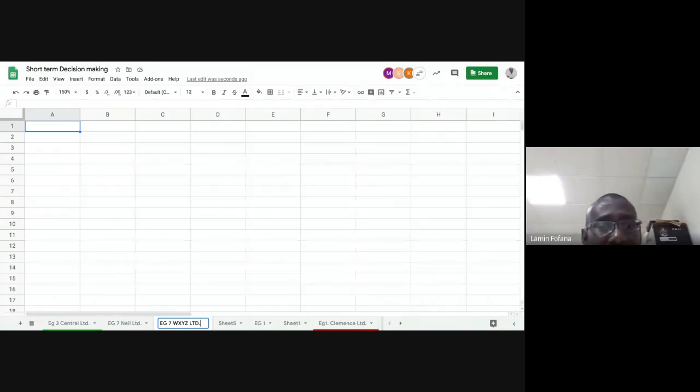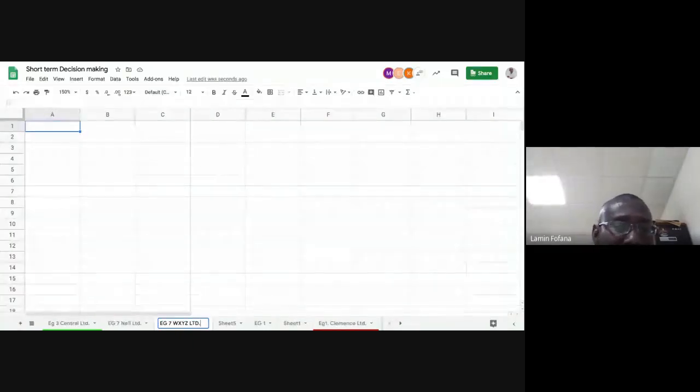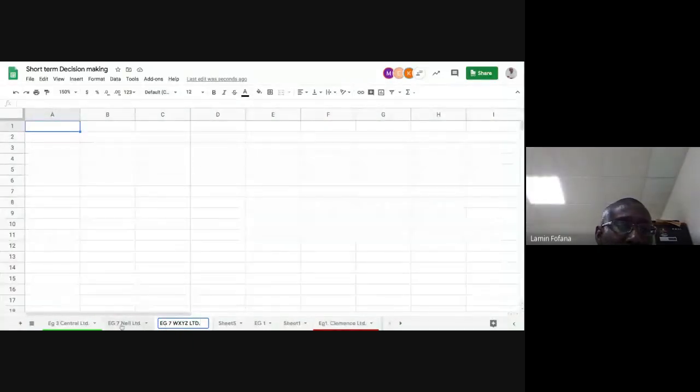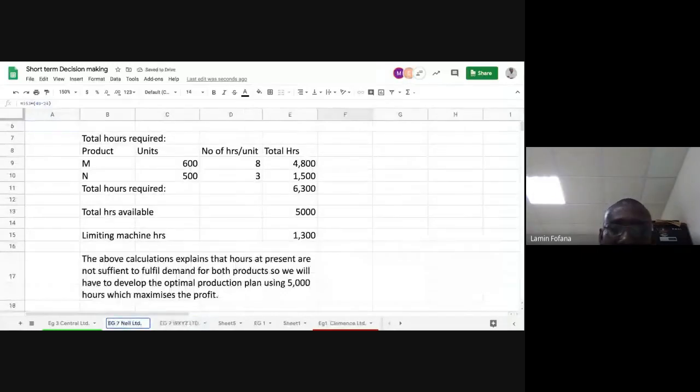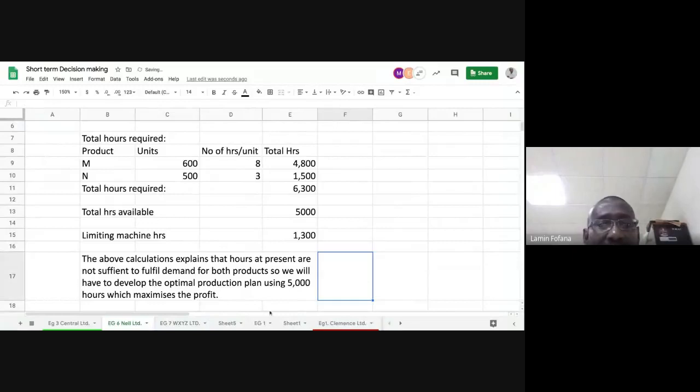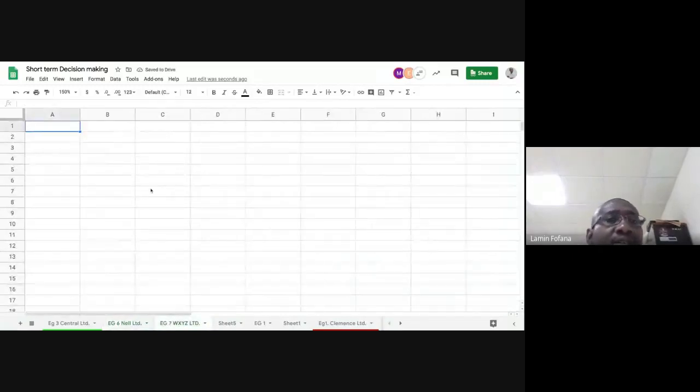So EG7 WXYZ limited, example 7. This one should say example 6, so I double click on it and change the 7 to 6. Okay, so this is what we have now.